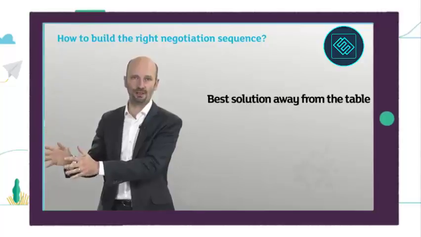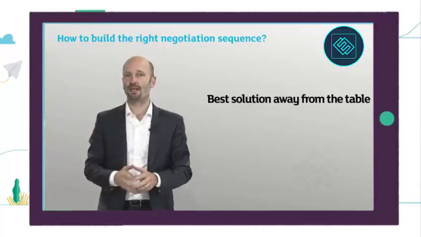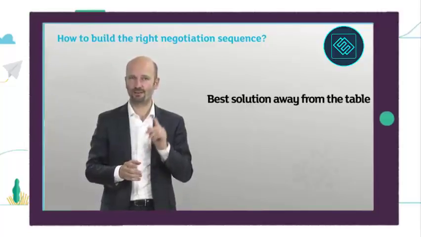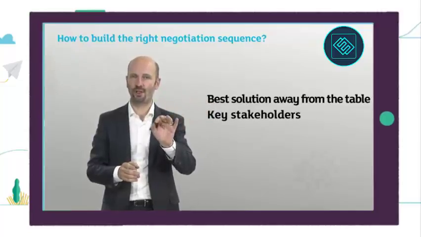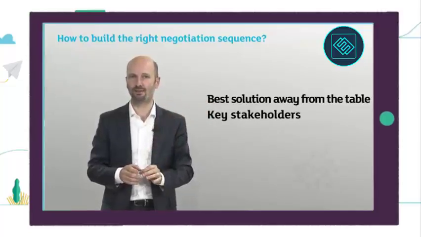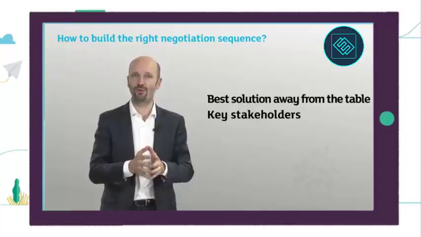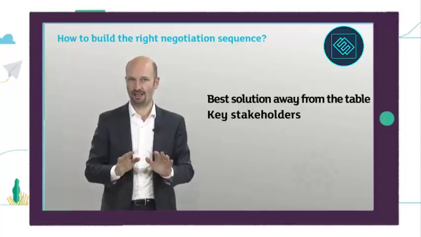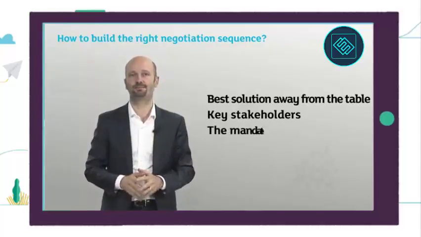If your plan B is better than the package, there will be no deal. 9th element, it is still time to take into account key stakeholders who were not part of this negotiation but hold a stake in its outcome. Try and anticipate their likely reaction in order to make sure that they will support the smooth implementation of this deal. Last element, but certainly not least, the mandate.